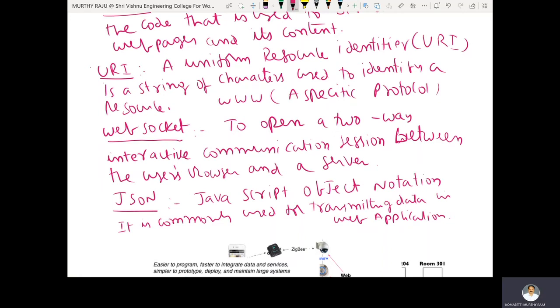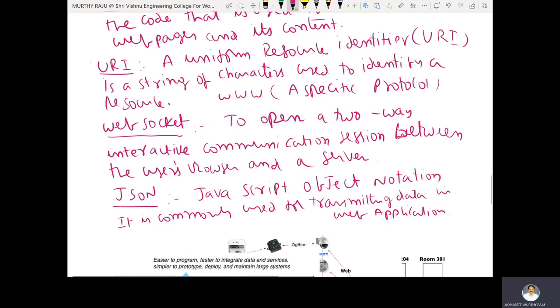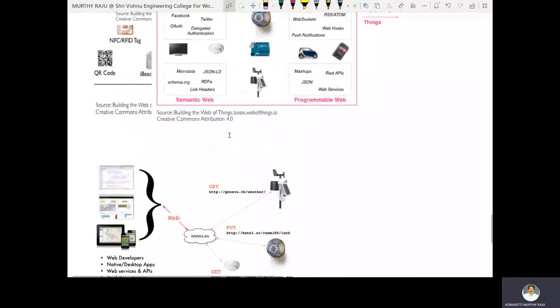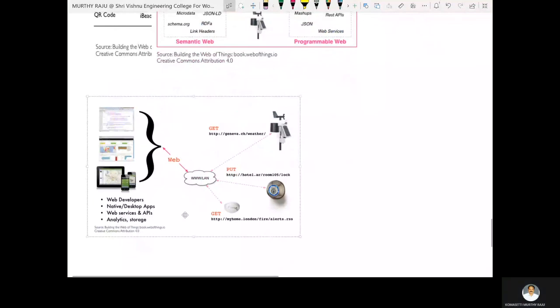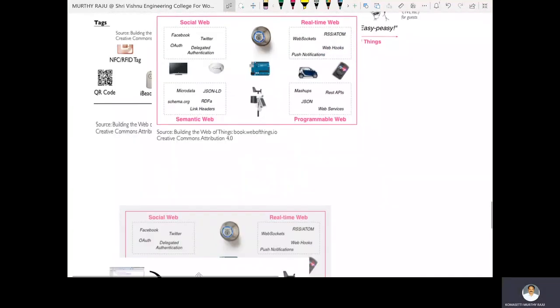These are the different software standards which are used in web applications. Coming to the important one, these are some figures.